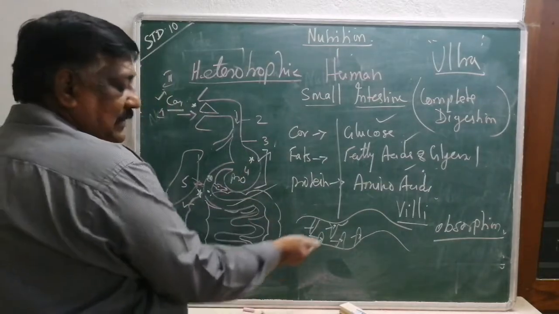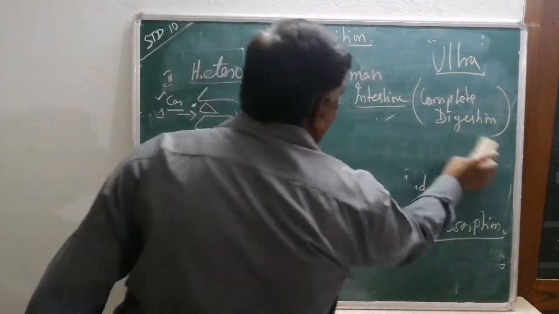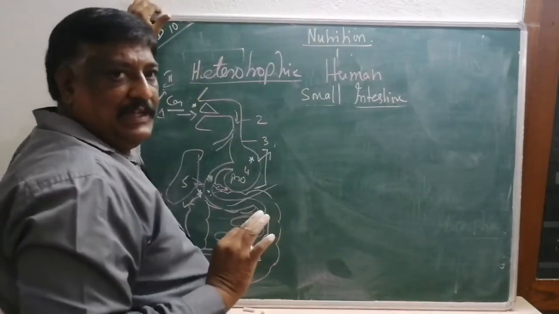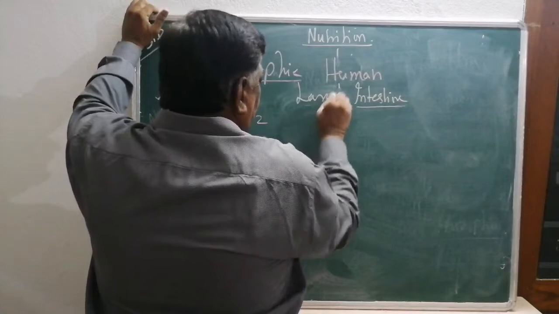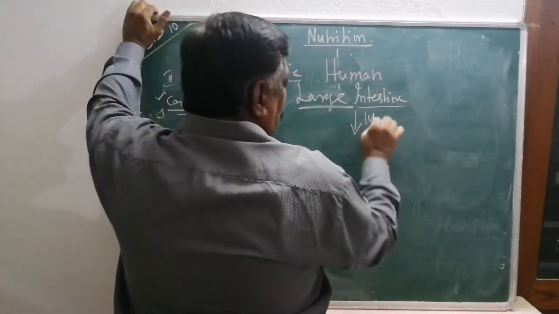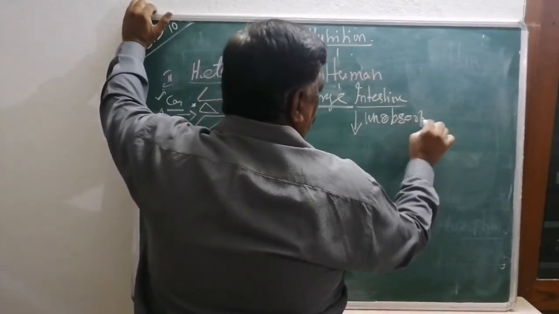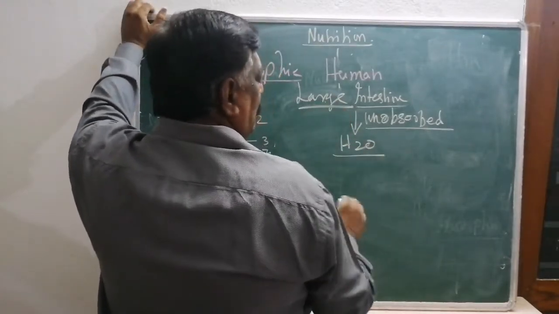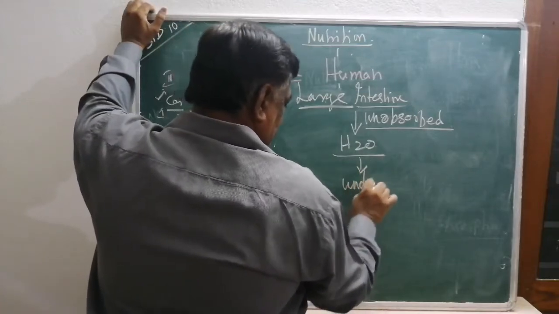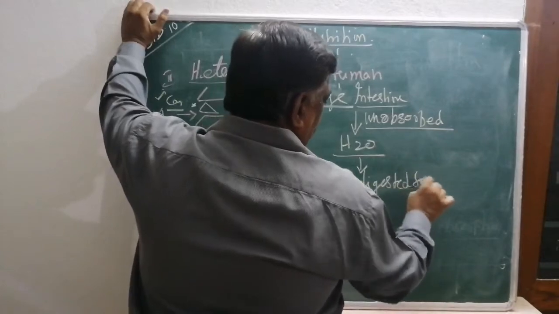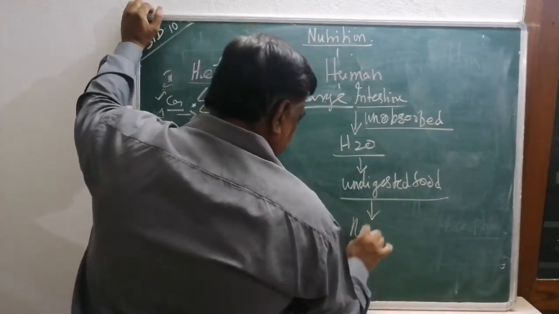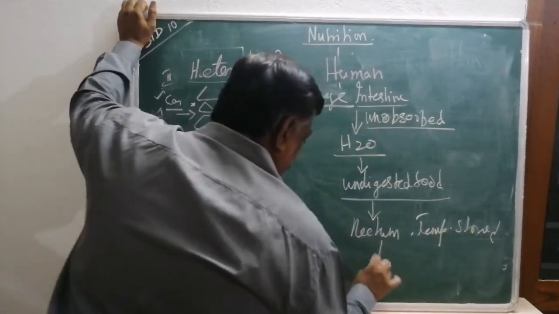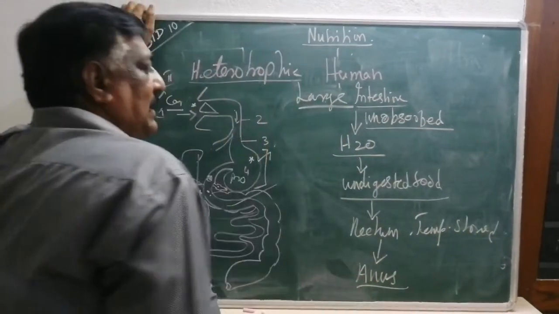Okay. Now what happens after the small intestine? The absorbed food enters into the blood, and the unabsorbed food enters into the large intestine, where water is absorbed and the food becomes undigested food, which enters into the rectum, is temporarily stored, and is released through the opening called the anus.